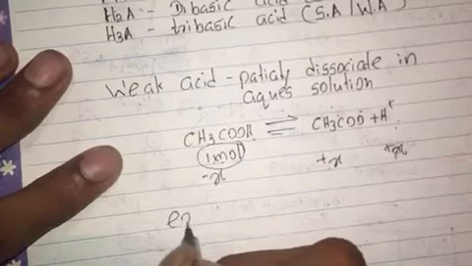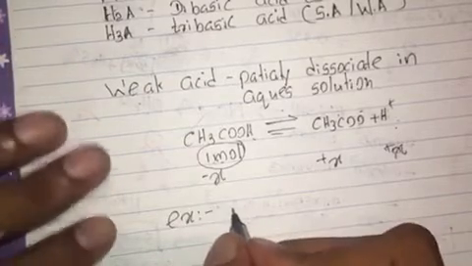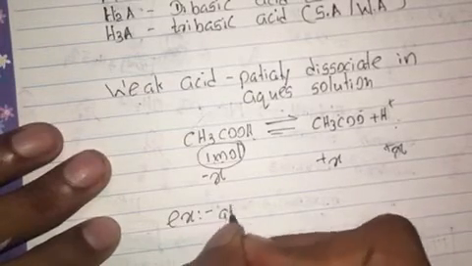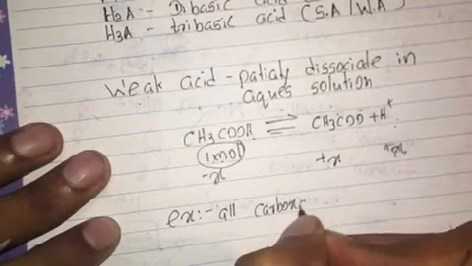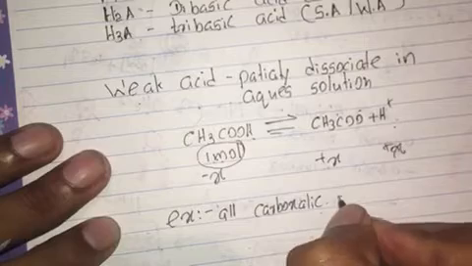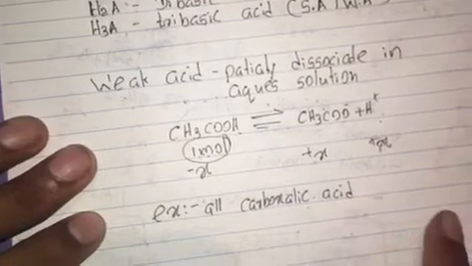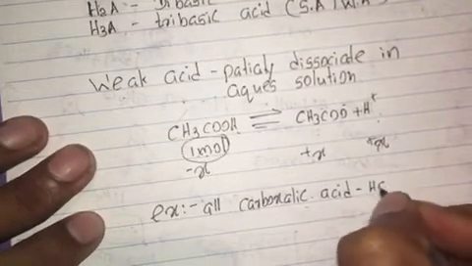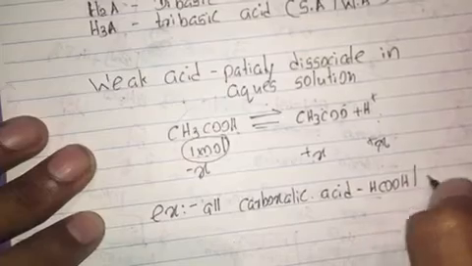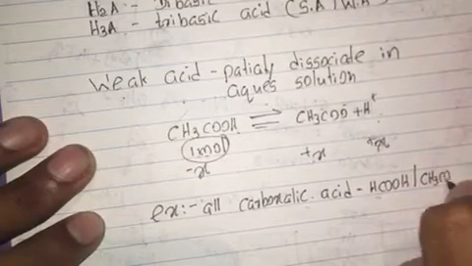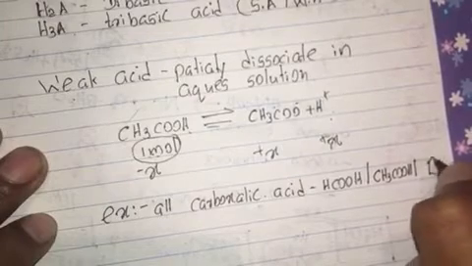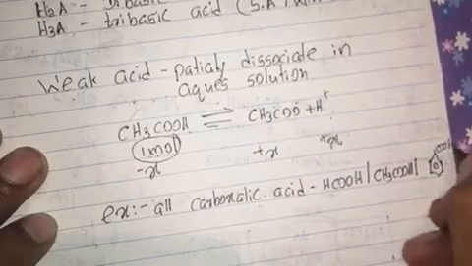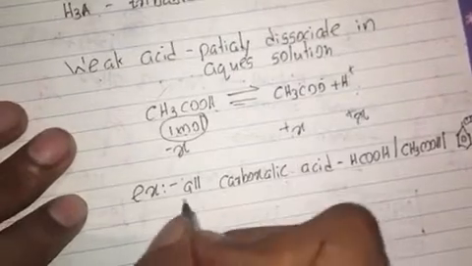Examples of weak acid: all carboxylic acids. All carboxylic acids are weak acids. Formic acid, acetic acid, benzoic acid, all carboxylic acids are weak acids. HF.